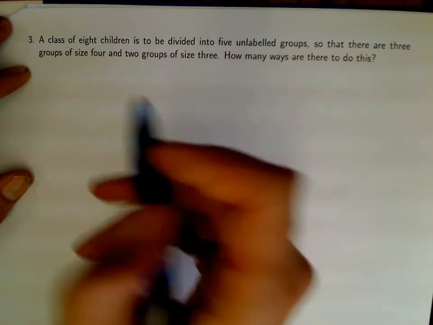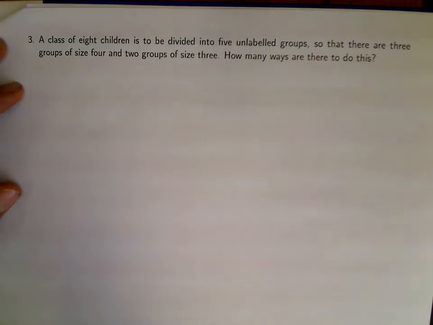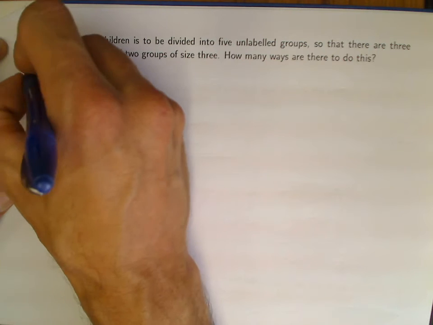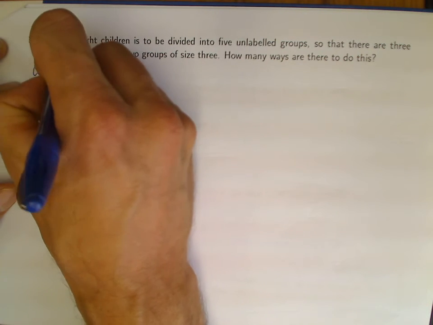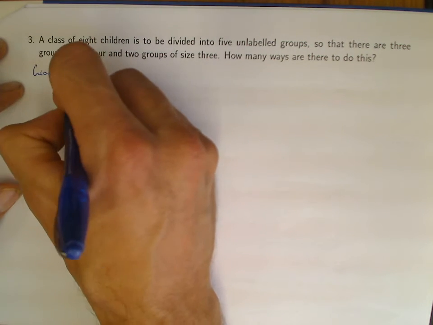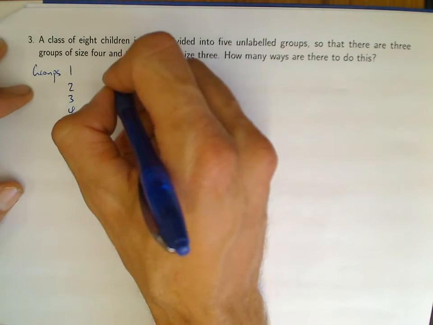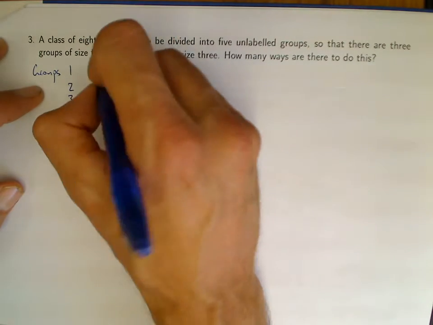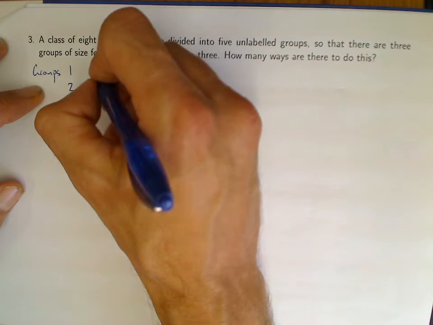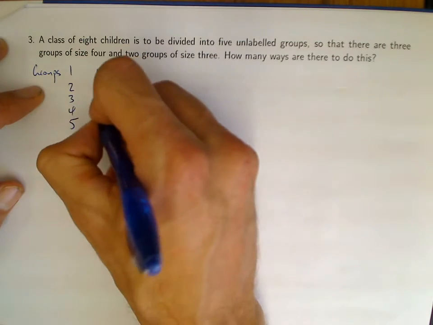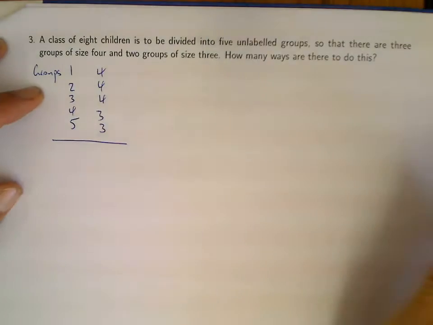Well, the reason this is a little bit like a classification problem is that we've got 5 types, right? So we've got groups 1 up to 5, and we're going to have 3 groups of size 4, so these are all size 4, and then these ones are size 3.